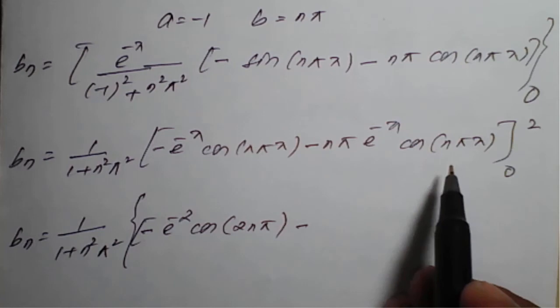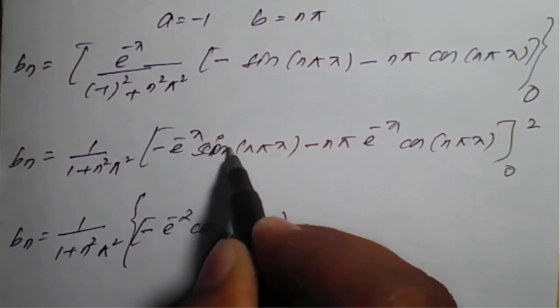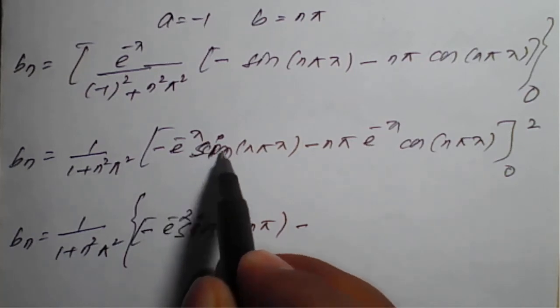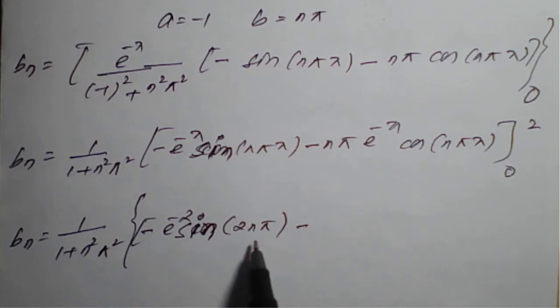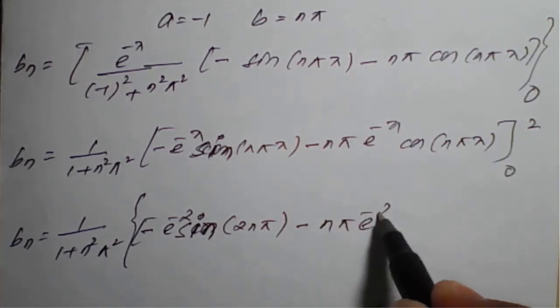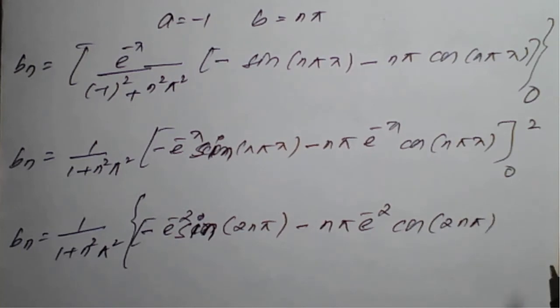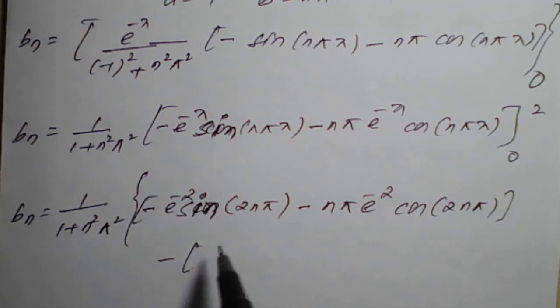One mistake here, it is sine, this is also sine, so sine of n pi x. If you apply here, it will become n pi into e raised to minus 2 cos of 2n pi, x replaced by 2 means 2n pi, upper limit minus lower limit.